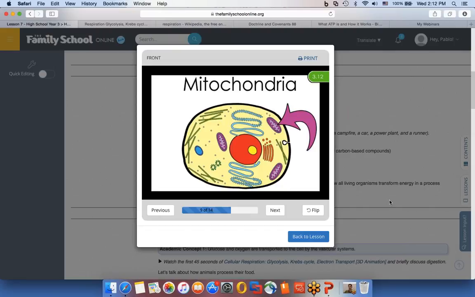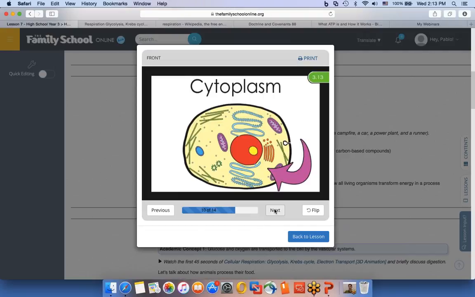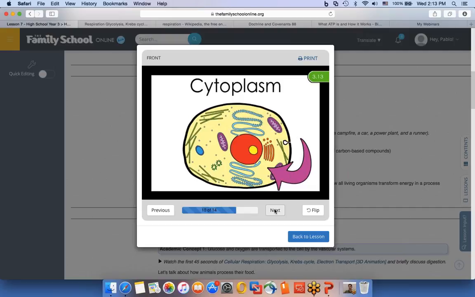Aubrey mentions also that it's in both animals and plants, because all cells need to do this cell respiration process. Yes, it's the cell's powerhouse. Good job. We are going to talk a lot about the mitochondria in the lesson today. Cytoplasm.